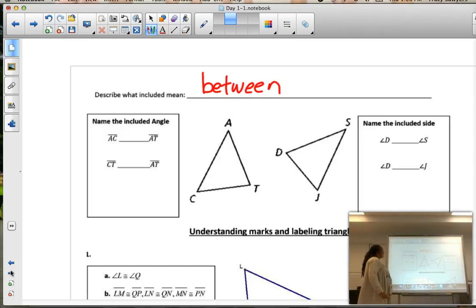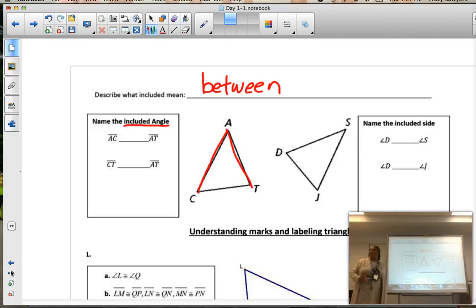So if we're looking at this first problem, it says AC blank AT. AC is a segment, and AT, and we're looking for the included angle. Now, looking at how I've highlighted it, it should be fairly easy for people to identify that angle. Name the angle?